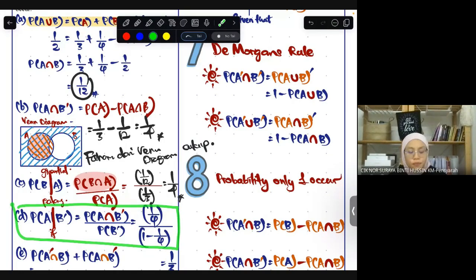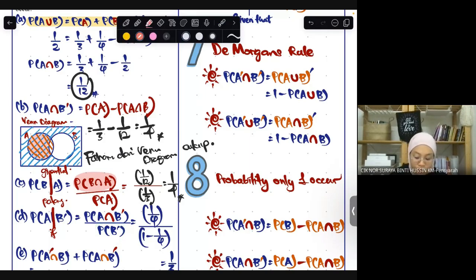So dia nak cari probability of A sebenarnya. But something is happening. If B prime is already happened, so you just use this formula, probability of A intersect B prime must be divided with probability of B prime that already happened. Okay, please remember this. We have no choice other than memorizing the formula.